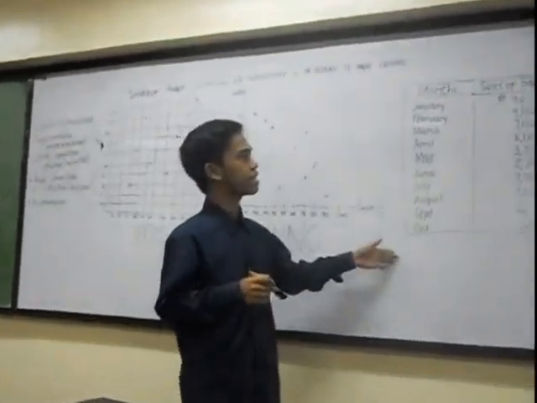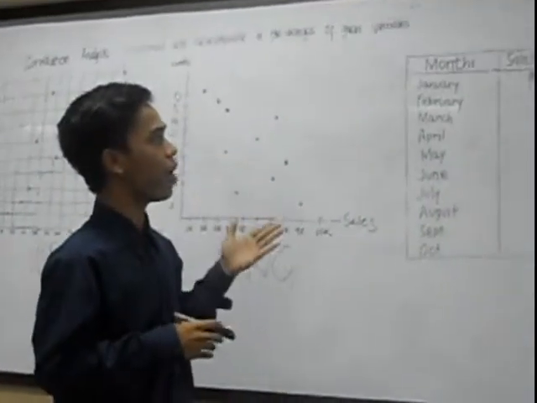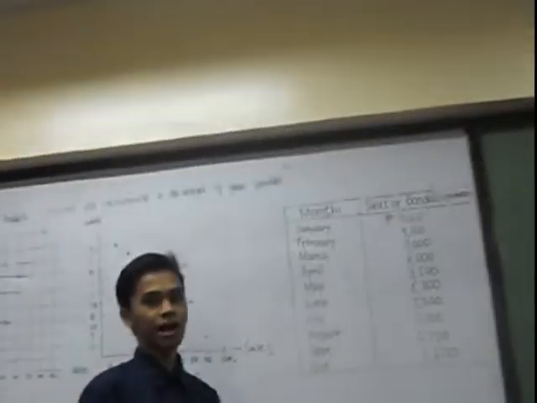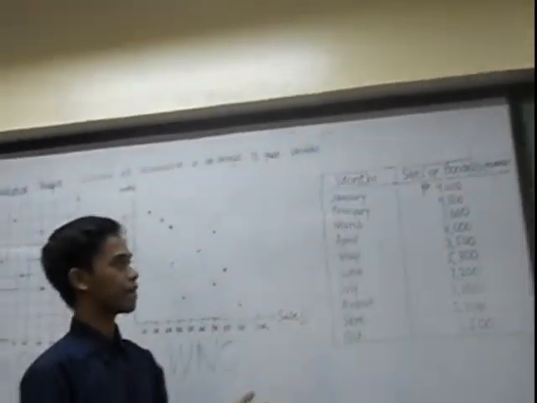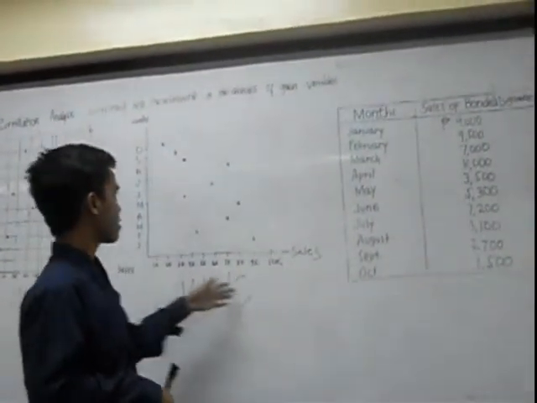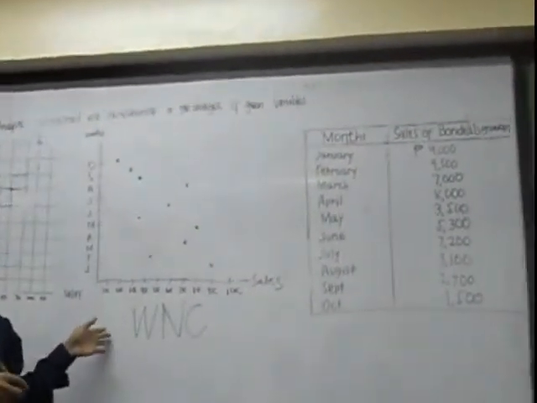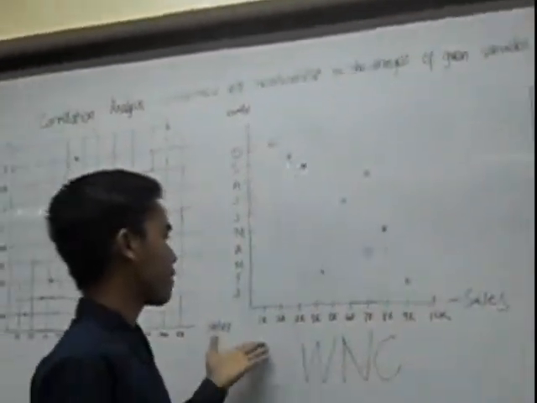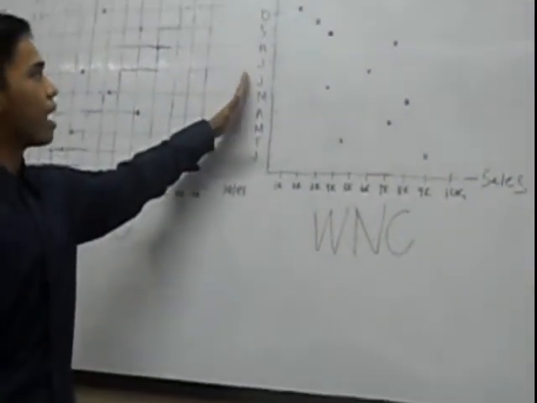So this is the table. From January, the sales of Bonde's Lugawan is 9,000, February 4,500, March 7,000, April 8,000, and so on. And just plot it in a graph. The intervals in the y-axis is the sales, and in the x-axis is the months.